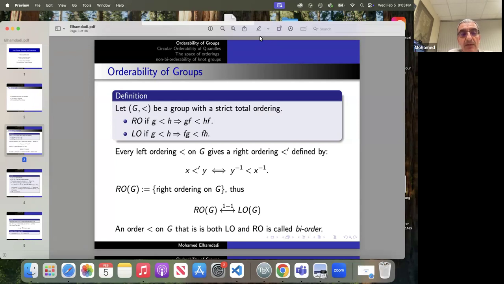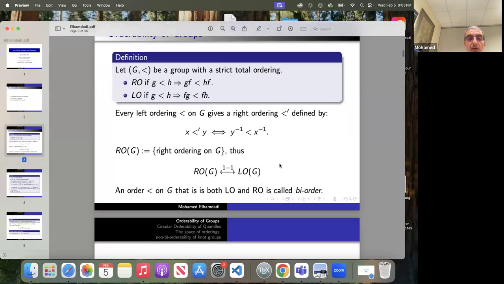If the order is preserved by left multiplication, we call it a left orderable group. Now, in groups, every left ordering gives a right ordering and vice versa. If you have a left ordering, you create a new one by this formula. This is for sure not true for quandles, as we will see.